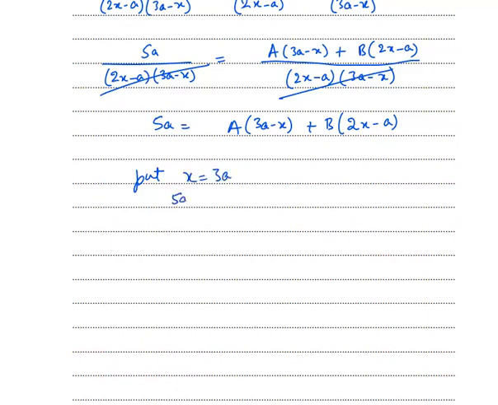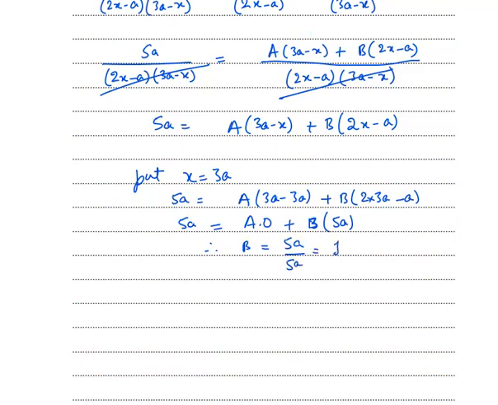So we'll get 5a is equals to a into 3a minus 3a plus b into 2 into 3a minus a. So this becomes a into 0 plus b into 6a minus a is 5a, 2 3s are 6, equals to 5a. Therefore, we got b as 5a divided by 5a, which is equals to 1. Okay, therefore we got b equals to 1.